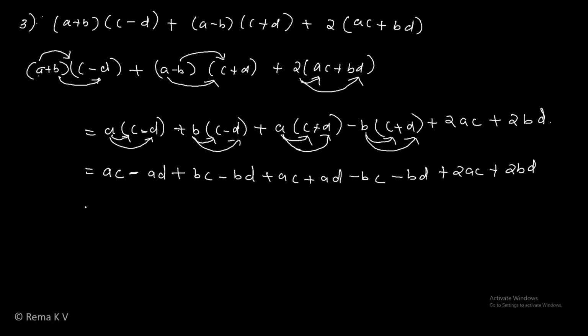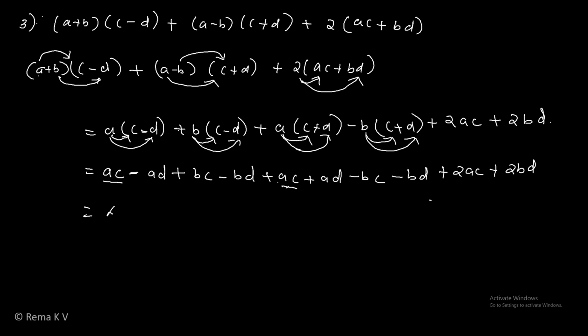Let us consider the like terms here. AC, here one more AC, AC plus AC, then plus 2AC. So all these are like terms. 1 AC plus 1 plus 2.